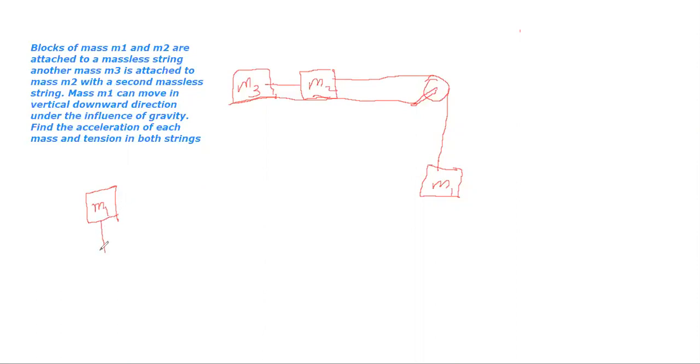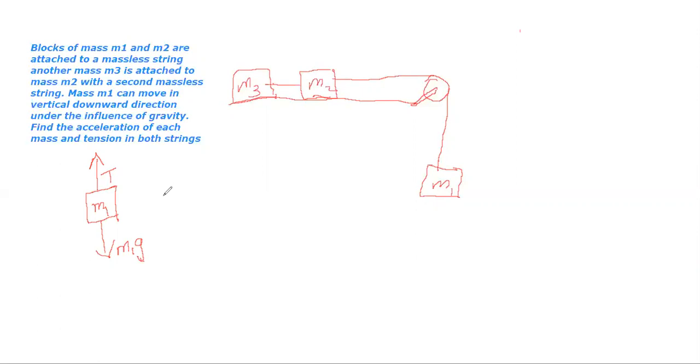The forces acting on m1 can be represented as m1g, that is the force due to gravity acting downwards, and we have the tension of the string which is holding up the mass m1, which we can represent as T. So tension is upwards and m1g is downwards.